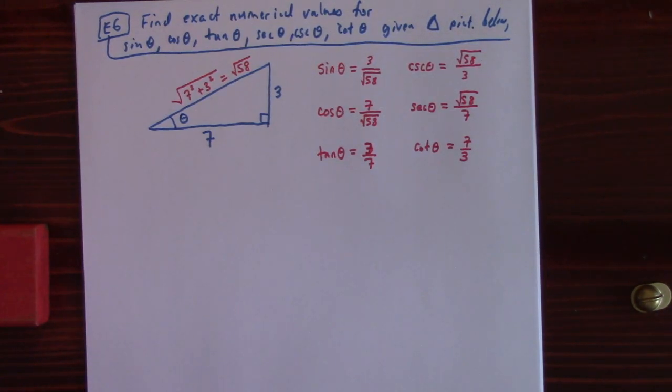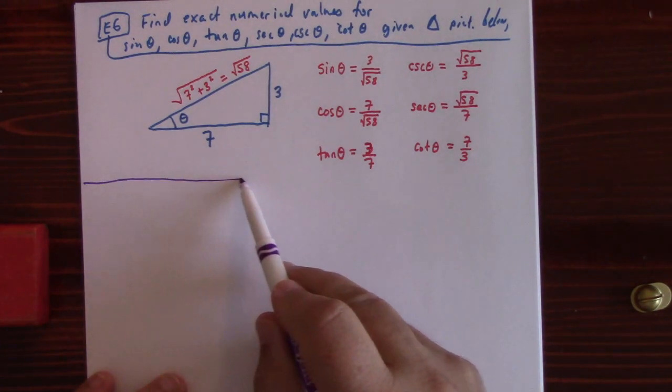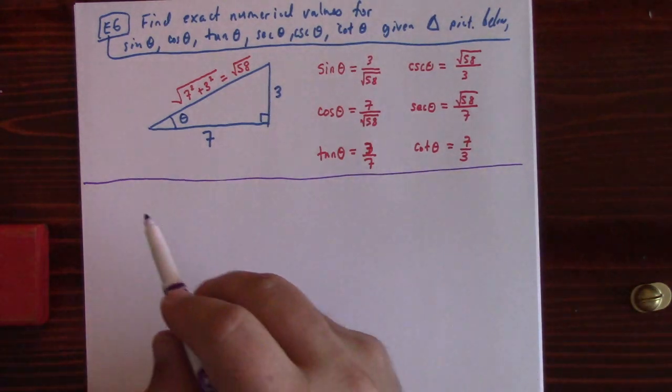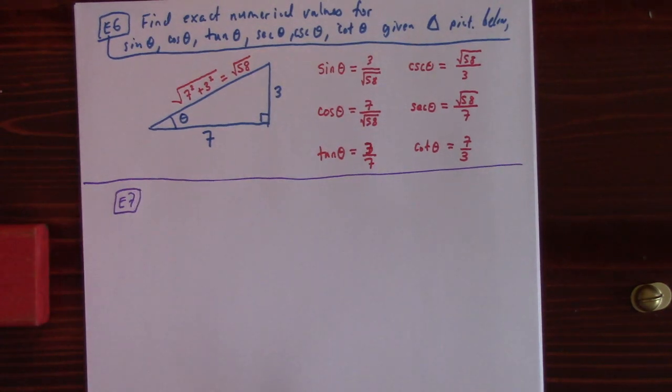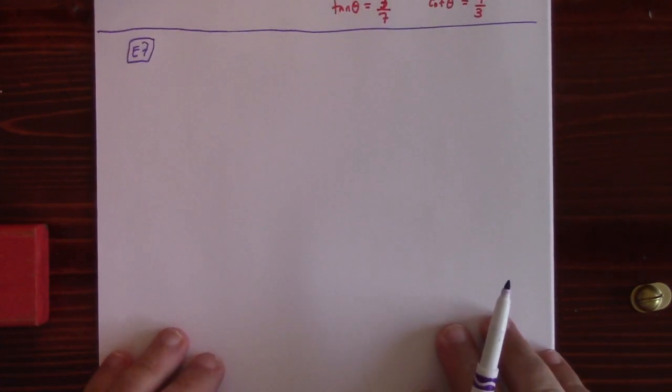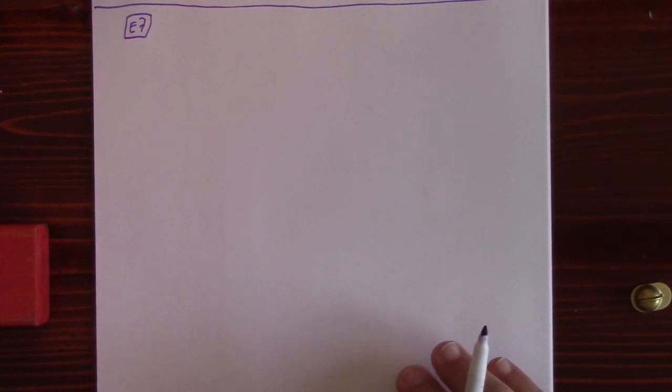Alright, so another example. Here I ask us to find the lengths of the sides of the triangle pictured below: find the opposite side length, find the adjacent side length.